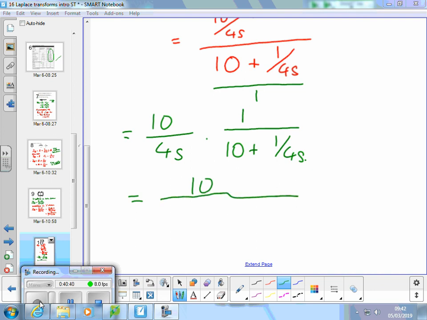And on the bottom line, 40s plus 4s over 4s, just so people can see where it comes from.